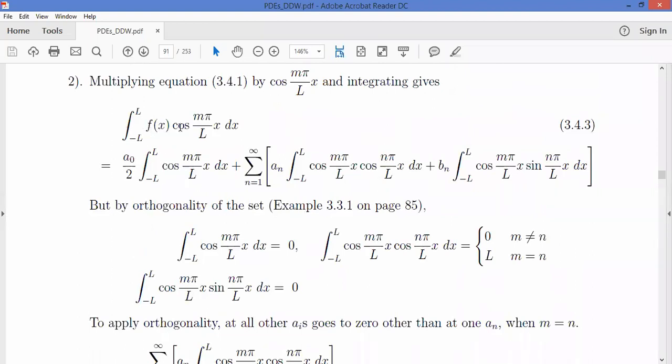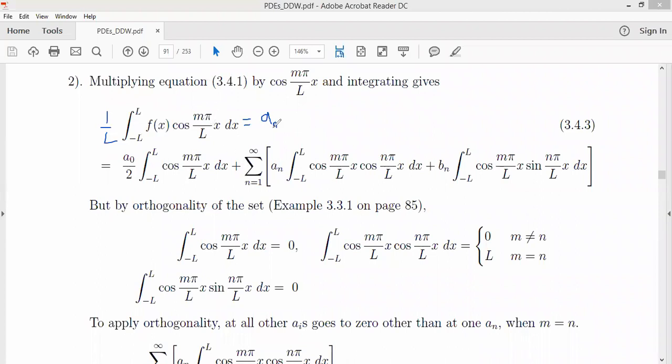So after the simplification, this is An L. Now we are making An the subject, meaning your An alone will be 1 over L times the integral of this thing here.